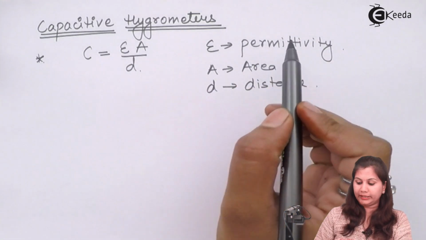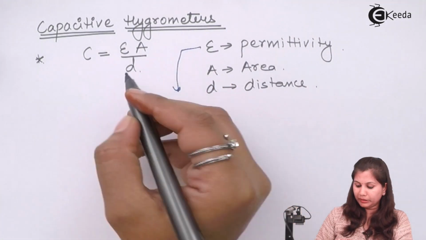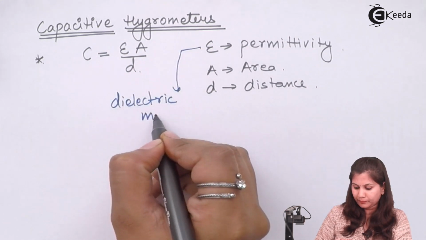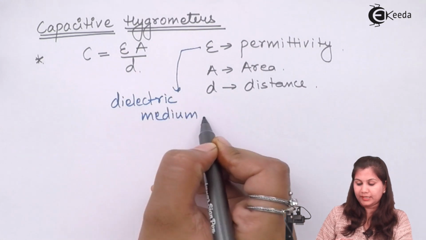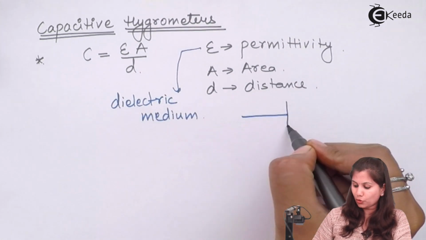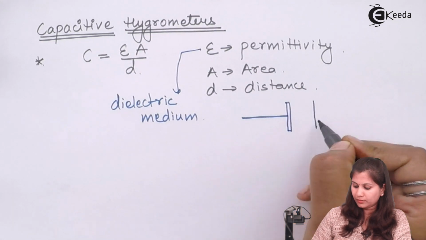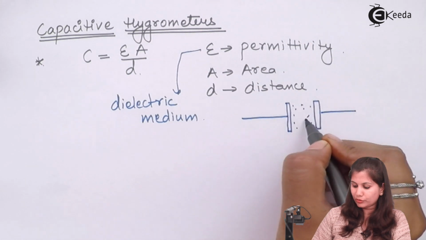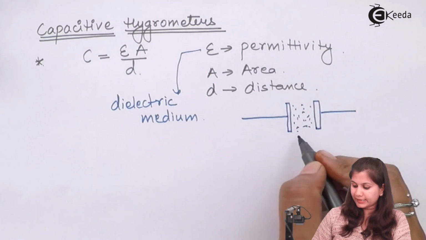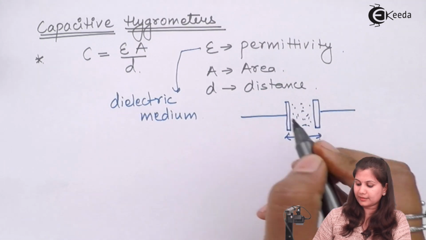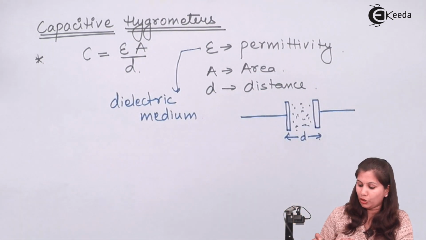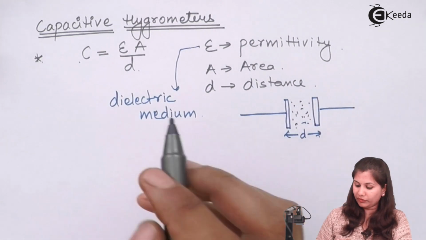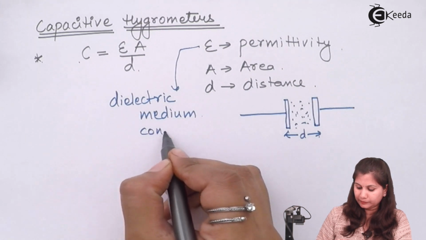Now this permittivity depends upon the dielectric medium used in the capacitor. A capacitor consists of two electrodes or two plates, and in between them we have the dielectric medium. D is the distance between the plates and A is the cross-sectional area. So we can say that capacitance depends upon this dielectric medium, or the dielectric constant.